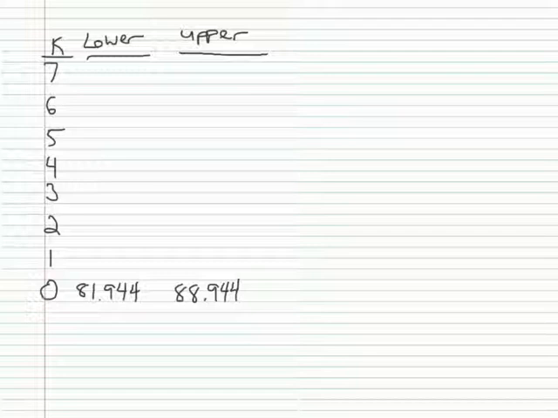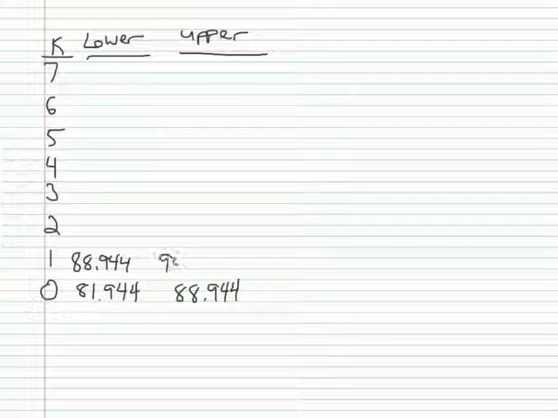And since this is the upper boundary of my first interval, it's also the lower bound of my next interval. So I'm going to list 88.944 here. And I can simply continue in this fashion. I'm just going to add 7 to 88.944, and I'm going to get 95.944.